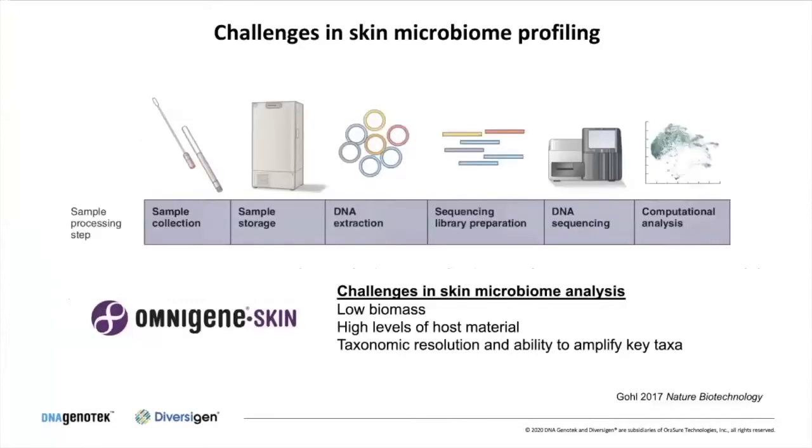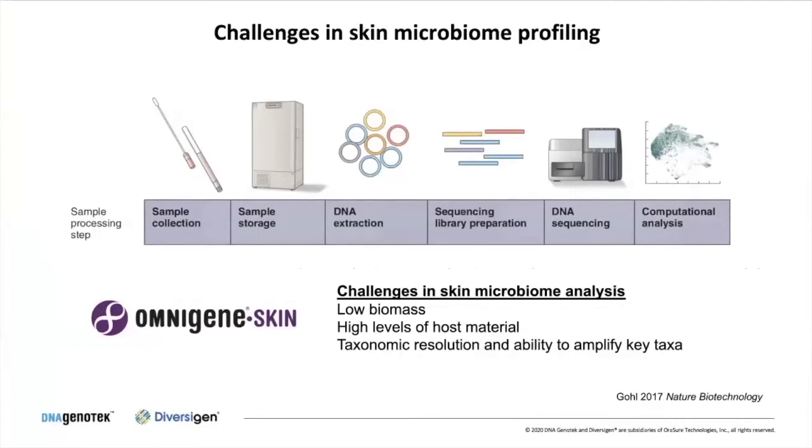So Brice did a really nice job of talking through the optimizations that have been done at DNA Genotek with the OMNIgene SKIN product to optimize sample collection and storage for skin microbiome samples. A lot of the challenges that he highlighted, the fact that skin microbiome tends to be very low biomass and also has often high levels of host DNA present as well.